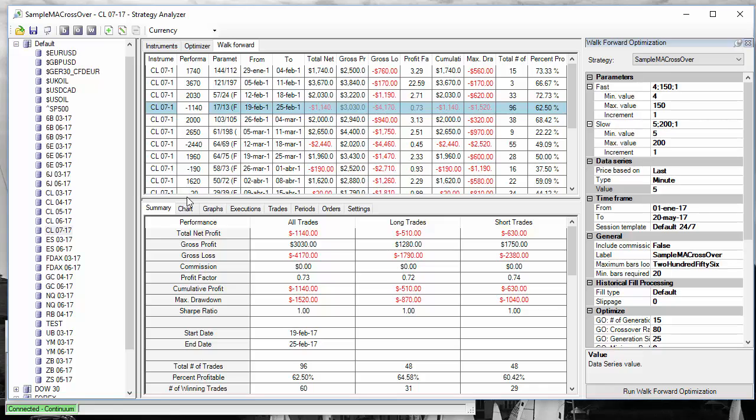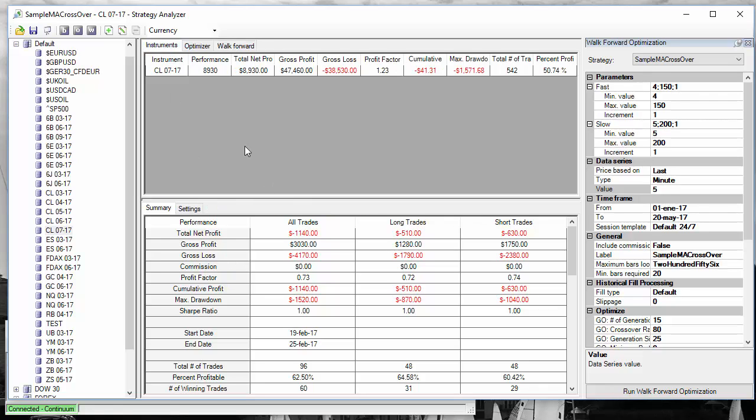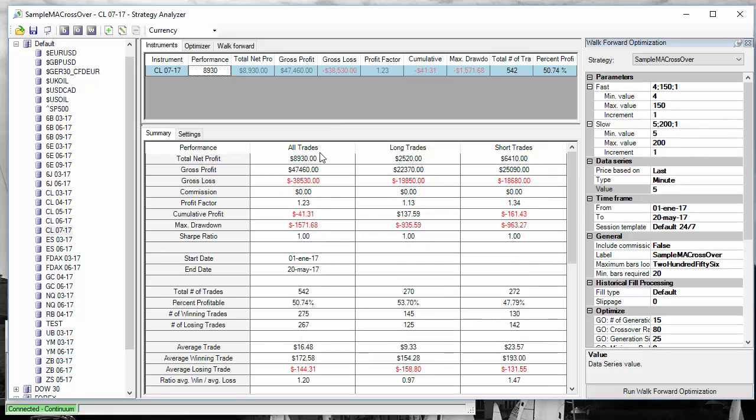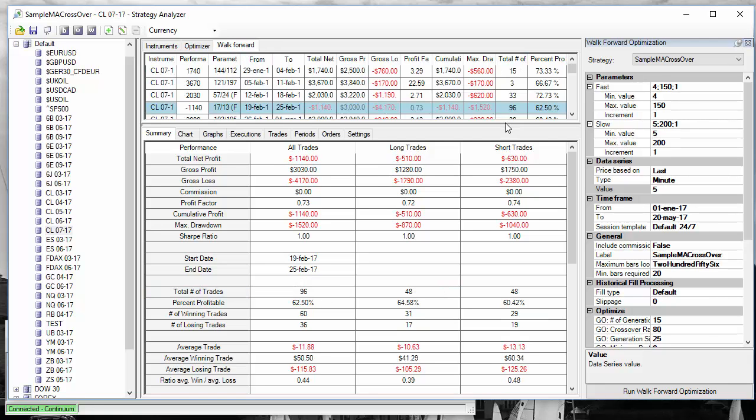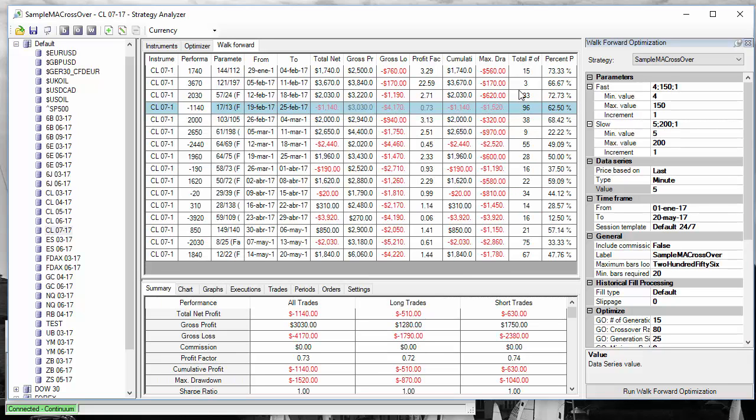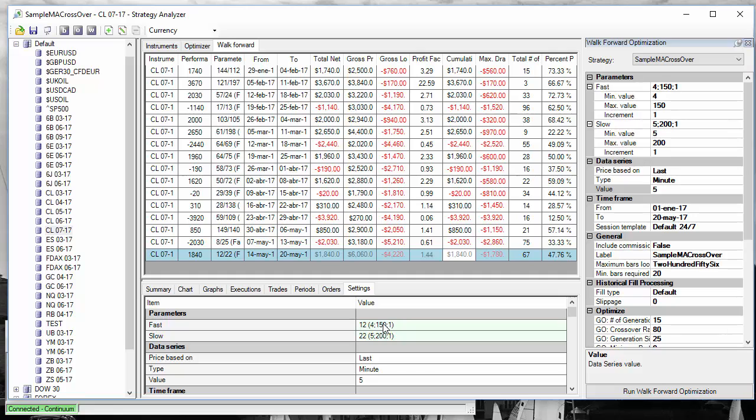We need to zoom each week one by one. But we get the numbers for the report, the total number of trades, and also we get the parameters on each walk forward.